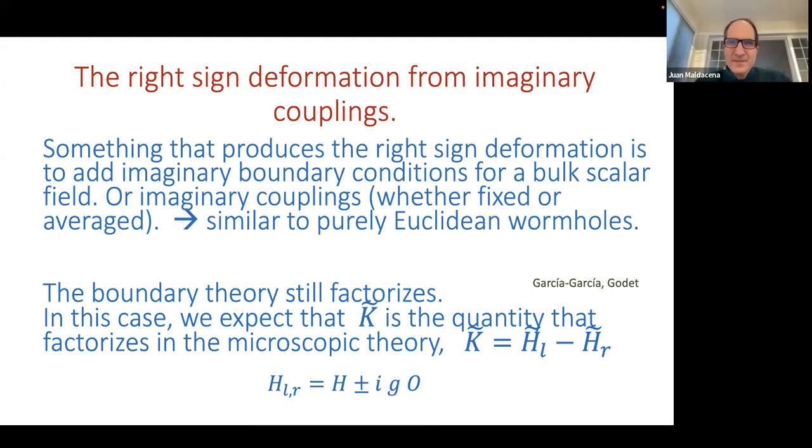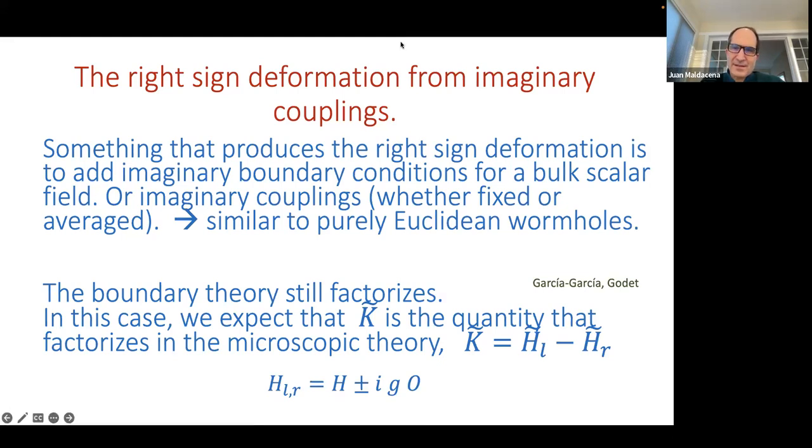Great, so thank you. We'll now discuss a situation where, in the macroscopic theory, the computation is really factorized between the left and the right system, but nevertheless we have an i epsilon deformation with the right sign.